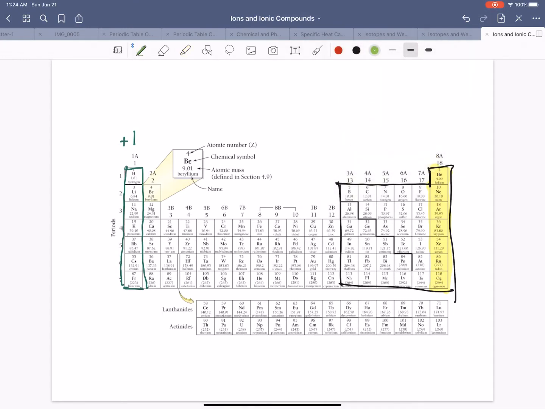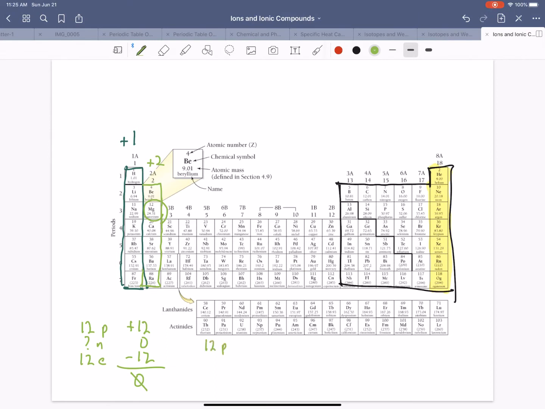Group 2, alkaline earth metals, also behave in a chemically similar manner, but when they form ions, they lose 2 electrons. If magnesium with 12 protons and 12 electrons, so that would be an atom, were to lose 2 electrons, you lose something negative, you become more positive.